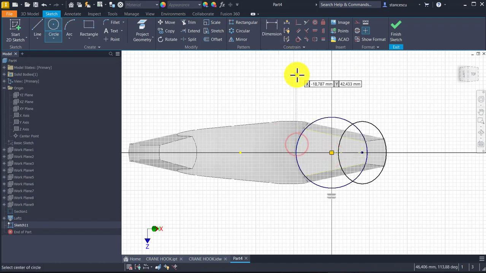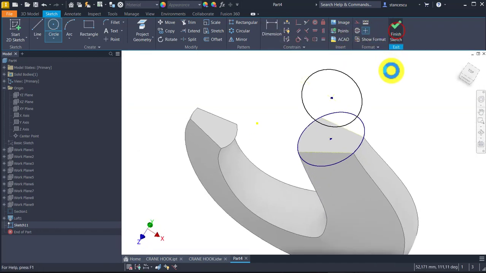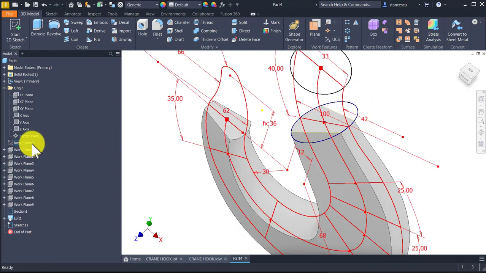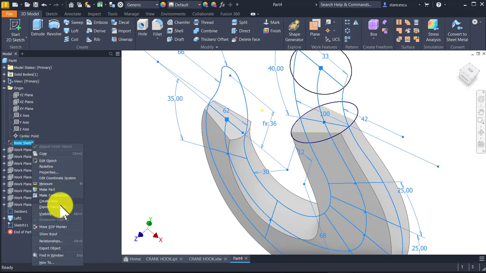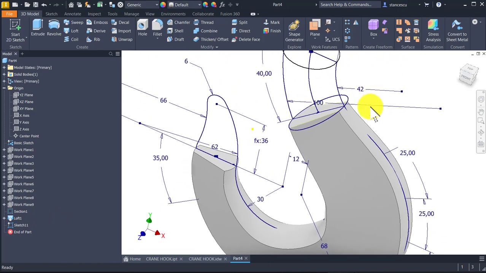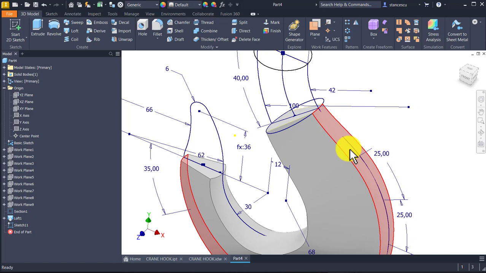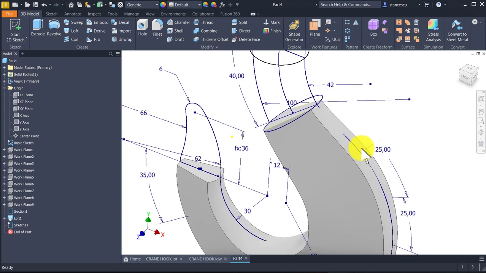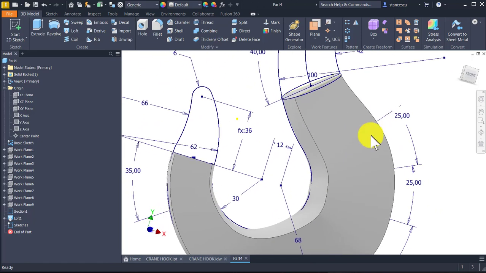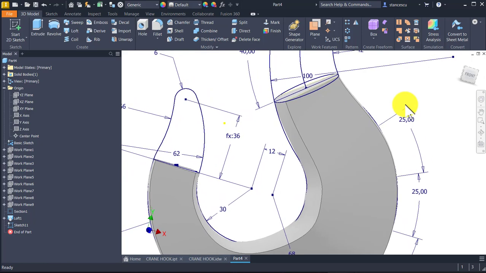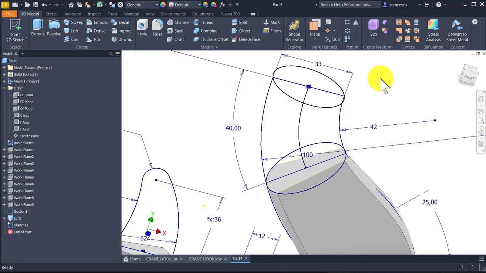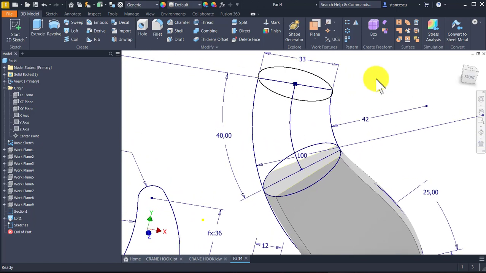This is that circle. Finish sketch. We don't have the rail. The rail is in the basic sketch, so I make it visible. You see here the line is almost at the face, the entity, but not perfectly. You can try with more sections than this to make a more exact result.